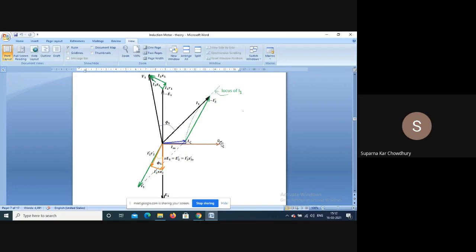This is the mutual flux phi m. This flux induces an EMF, this E1, in the stator winding, and this in the rotor winding. This phasor is 1:1, so this is reflected as E1 here.